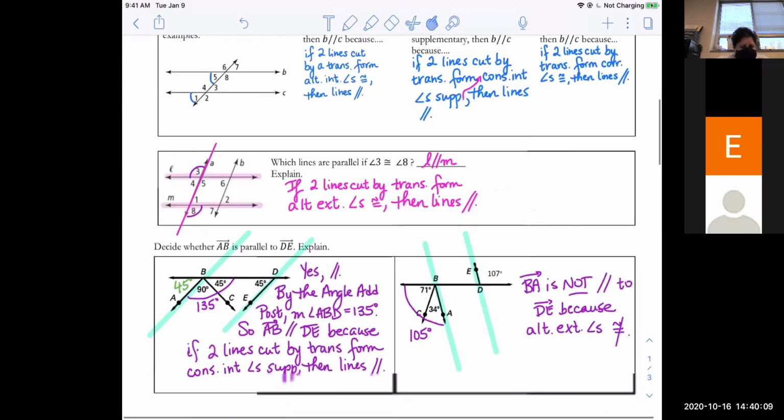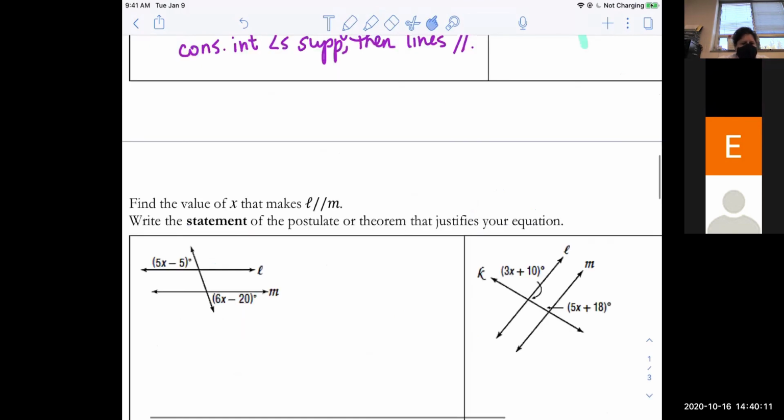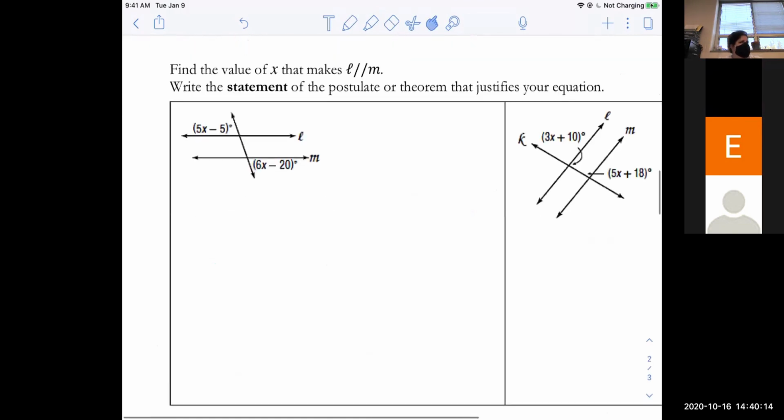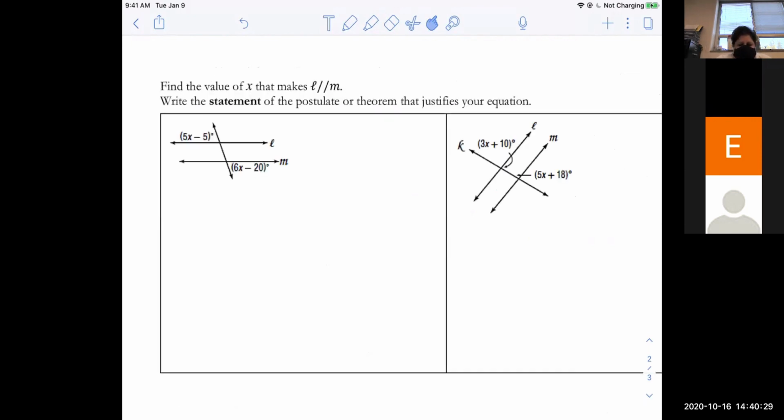Or find the value of x that makes the lines parallel. For problems on your homework, you need to make sure you're writing the theorems. Because number one, it justifies it, and number two, the more that you write them, the more it'll stick in your brain. So it's not like you're going to have 100 problems or something, but you should be citing the theorems in the problems that you're doing on homework.